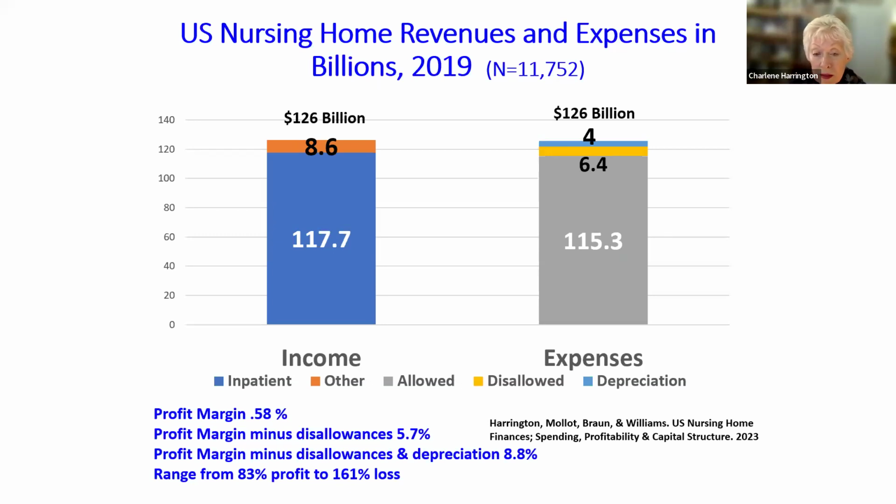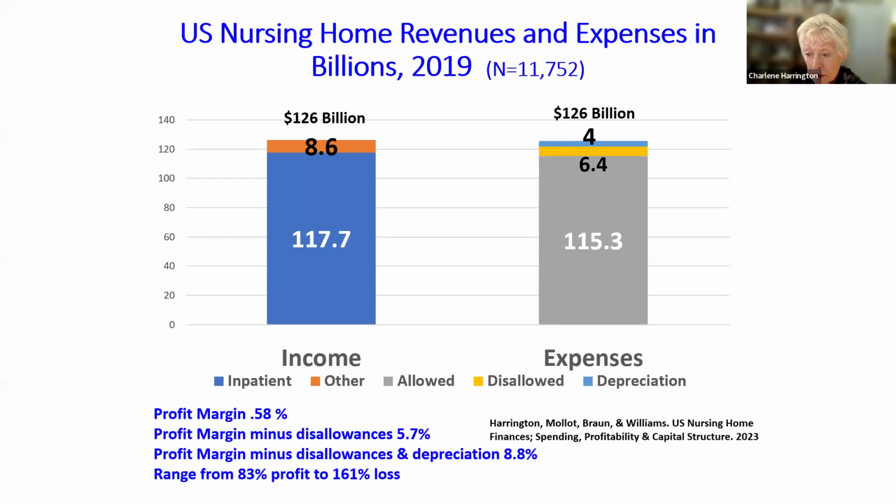But you can see that if you just look at the 126 billion, it looks like they're not making any money. So their profit margin was less than 1%. But if you look at that, you see that they have $6 billion in disallowed expenses. These are expenses that the government says they're not going to pay for.